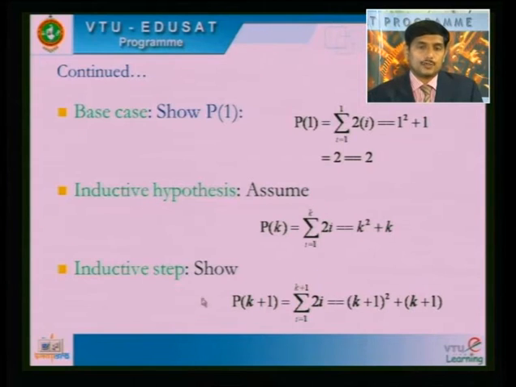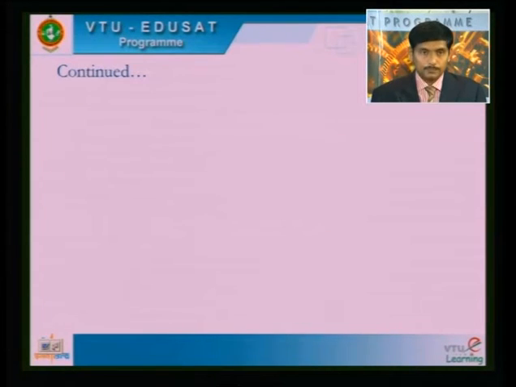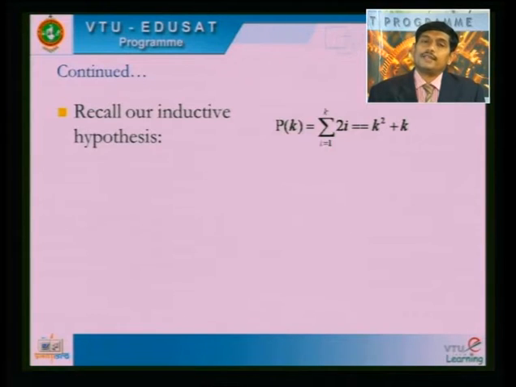Inductive step: show that P(k+1) equals the sum with i running from 1 to k+1 of 2i, which becomes (k+1) squared plus (k+1). We recall our inductive hypothesis, that P(k) is assumed true: the sum of i from 1 to k of 2i equals k squared plus k.